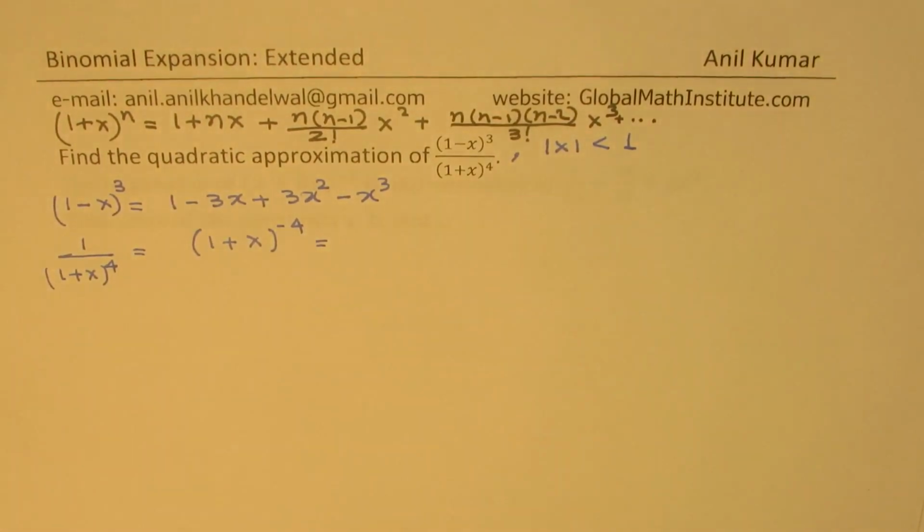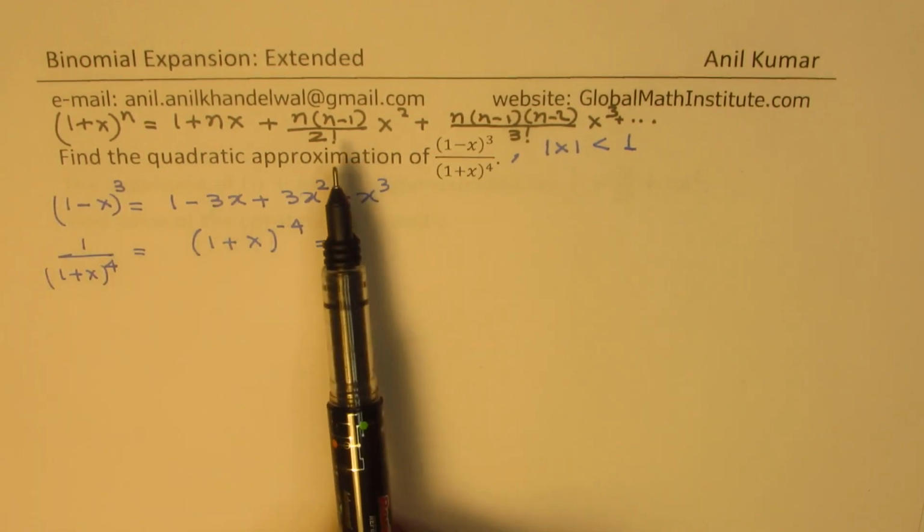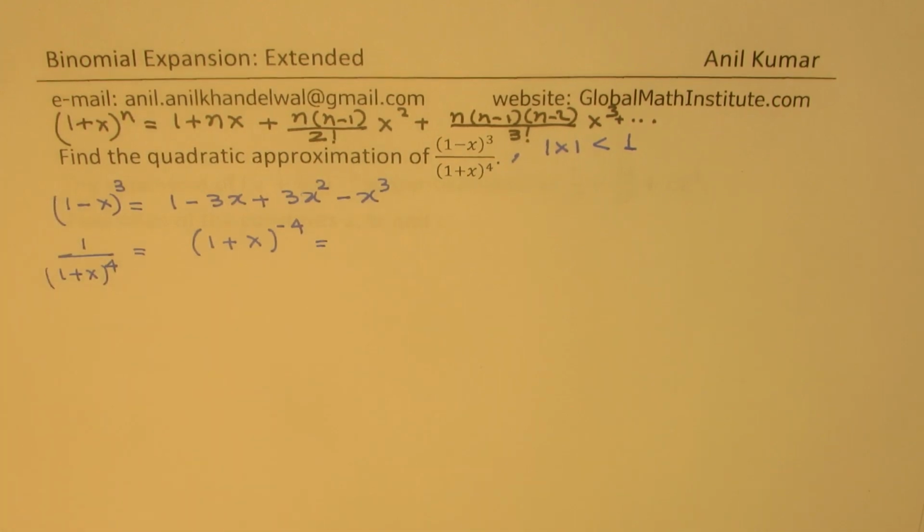So that infinite series is what we are talking about. Now, since you need quadratic approximation, we'll just take 2 or 3 terms. Since you're dividing, we can take 3 terms, right?